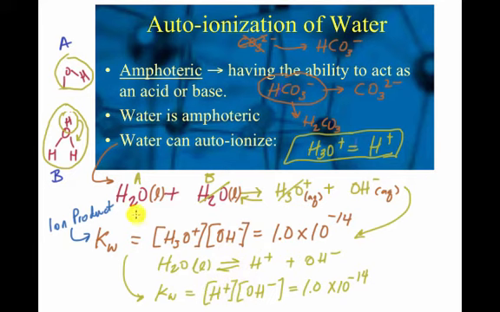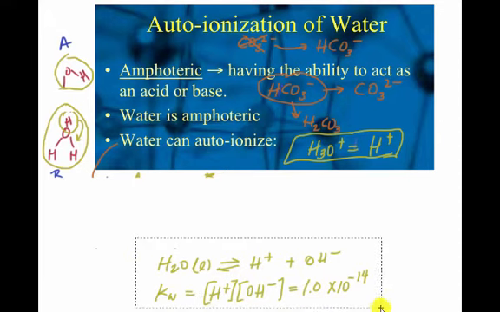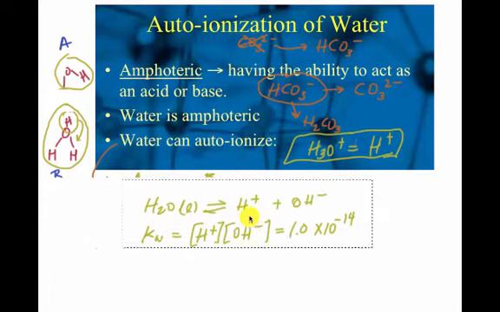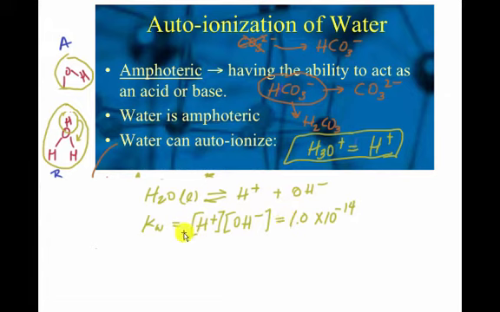Now, one thing I can do with this is solve for the concentration of hydrogen. So let's say we have pure water, and we want to look at what the concentration of the hydrogen ion is. Now think about it. If this breaks down, I'm going to get one of these and one of these.